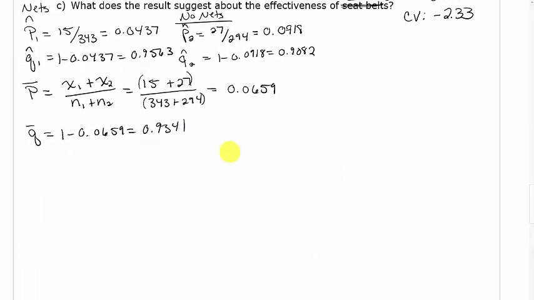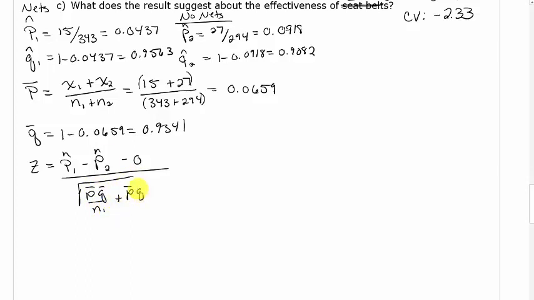Now plug all of these into our formula for z. Z is equal to p-hat sub 1 minus p-hat sub 2, and then minus 0. And this is divided by the square root of p-bar q-bar over n1 plus p-bar q-bar over n2.